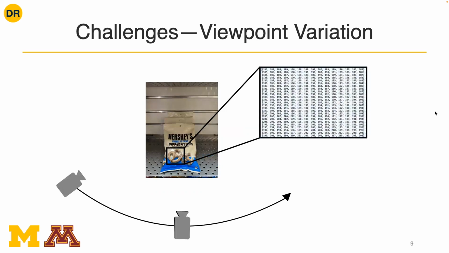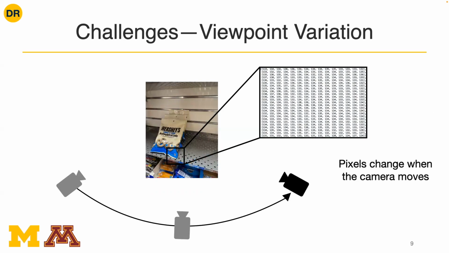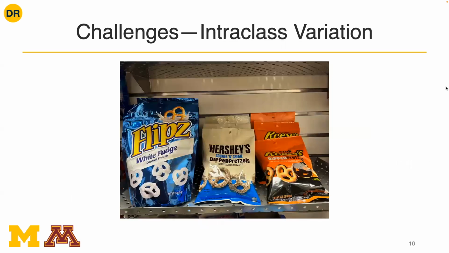So even though the subject in all of these three images remains the exact same, right? It's still chocolate-covered pretzels. The underlying matrix of numbers that our algorithm is going to be exposed to can be completely different. And so trying to encode how an algorithm should take these very, very drastically different arrays of numbers and produce the same output with a correct class label is a real challenge.